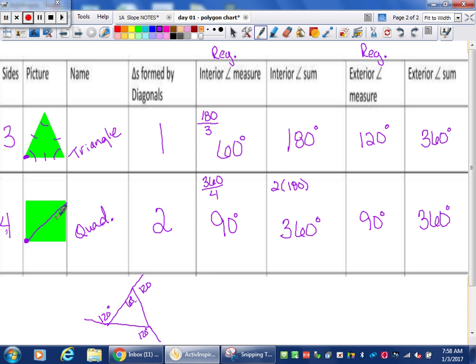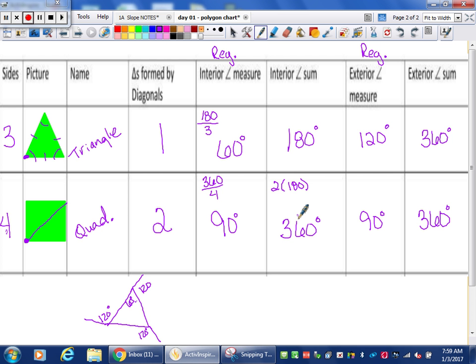So that means one diagonal, but how many triangles did it form? 2. 1, 2. Okay? Now, if I know each triangle is 180 degrees, and this has 2 triangles in it, I know that the sum of my interior angles would have to be 2 times 180, because there's 2 triangles at 180 degrees each, and that would give me 360 degrees total for the interior angles.